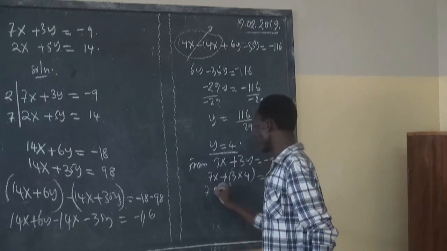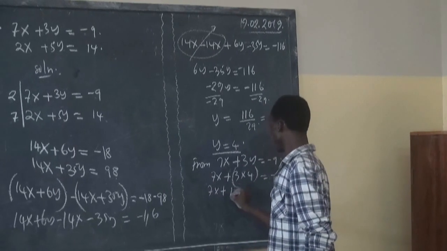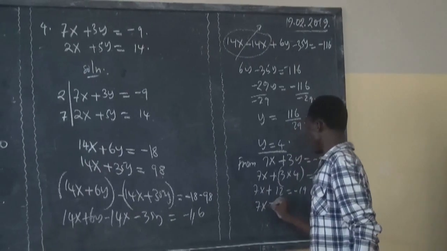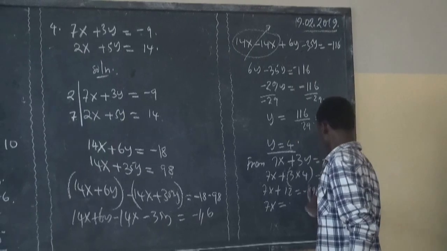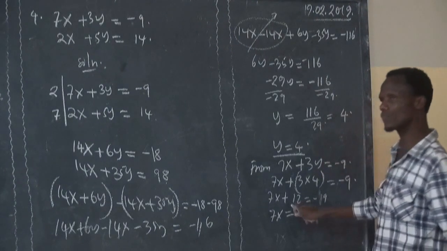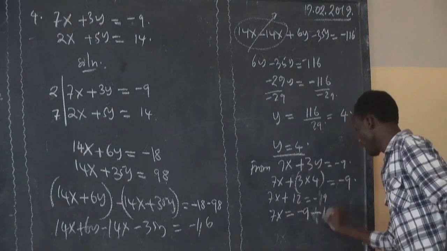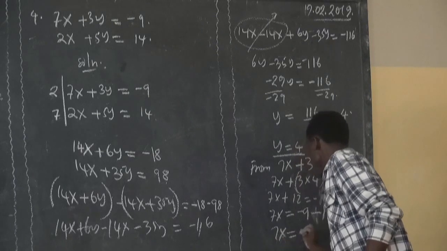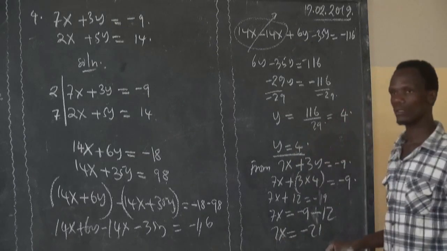That is to say, we have 7x plus 12 is equal to negative 9. Then 7x is equal to negative 9. This positive is taken to the other side and becomes negative 12. Then you have 7x is equal to negative 21.